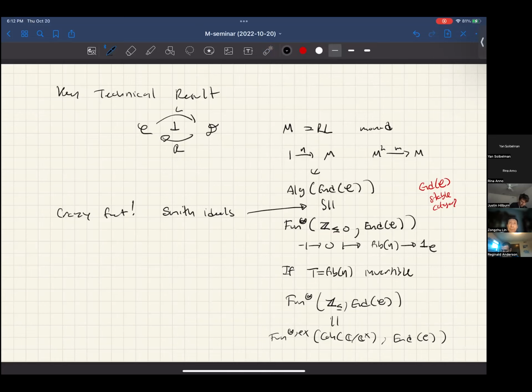As long as this End of C is stable, then you can linearize this category. It turns out that the stabilization of the integers, thought of as a partially ordered set and made C-linear in the easiest way, is actually coherent sheaves on C mod C star.